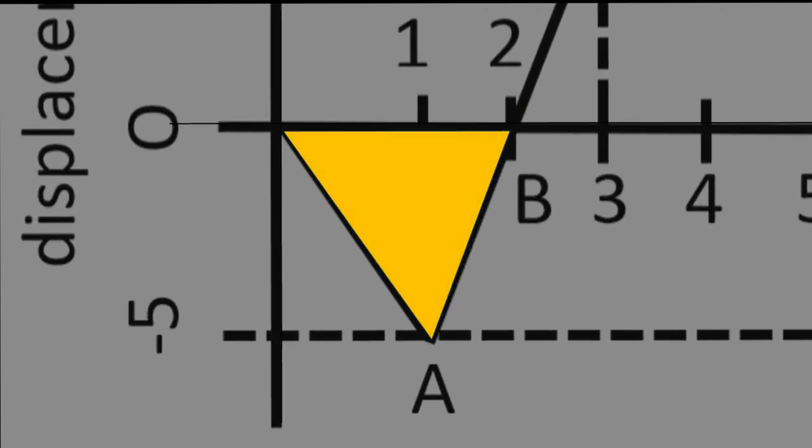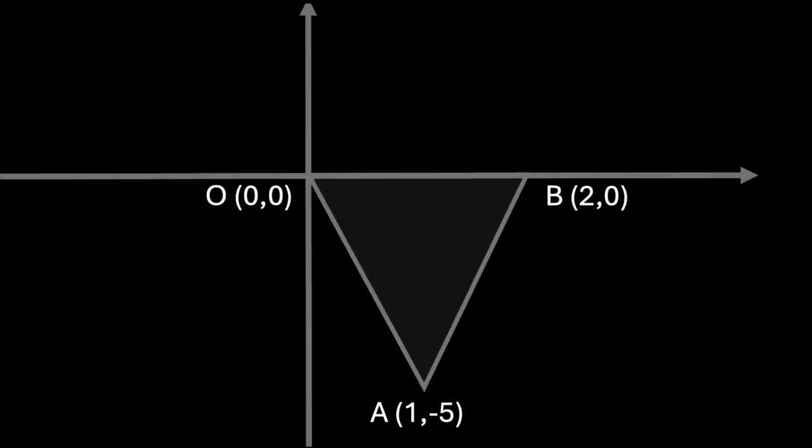Now, for this triangle OAB, if we draw it on a graph paper separately, we can consider only OA and AB. We have x1, y1, x2, y2, one pair, and x1, y1, x2, y2, another pair. So we'll consider OA and AB separately. Let's pick OA first.